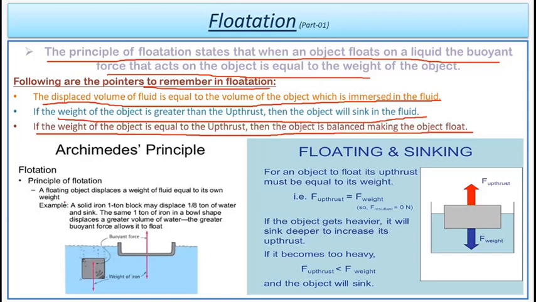For example, a solid iron 1-ton block may displace 1/8 ton of water and it sinks, as you can see over here in the figure. But if the same 1 ton of iron in a bowl shape displaces a greater volume, then it can balance and float.